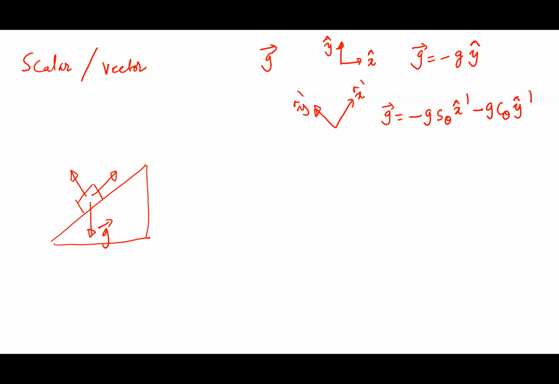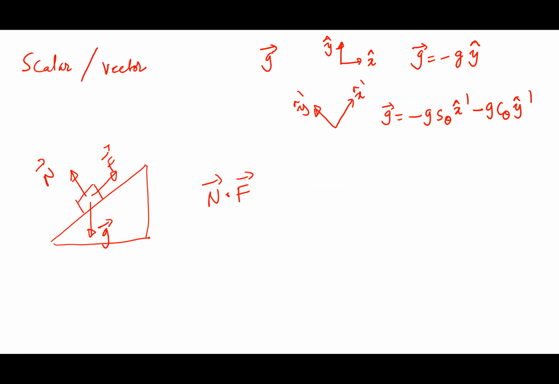If you remember, in this problem, I asked another question: calculate the dot product, for example, of these two forces, like N and F. So if you calculated the dot product, N dot F, irrespective of which coordinate system you calculate, what do you expect? Would it be 0? Yeah.